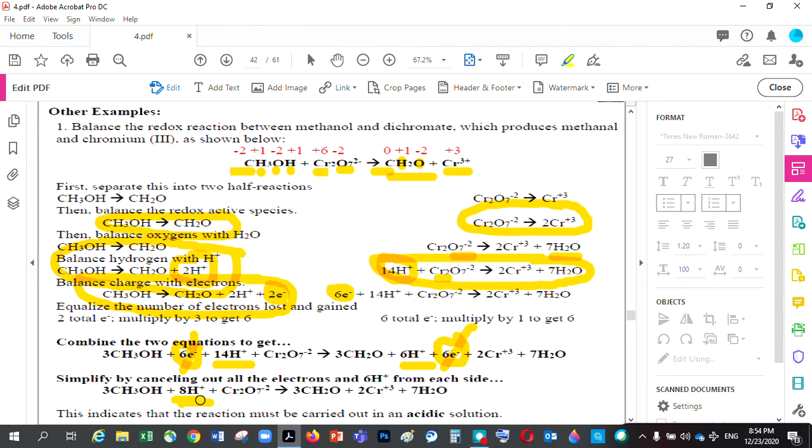I end up with 8 H+, and this is the balanced chemical equation.